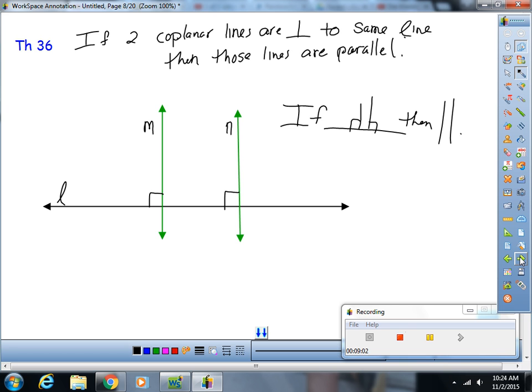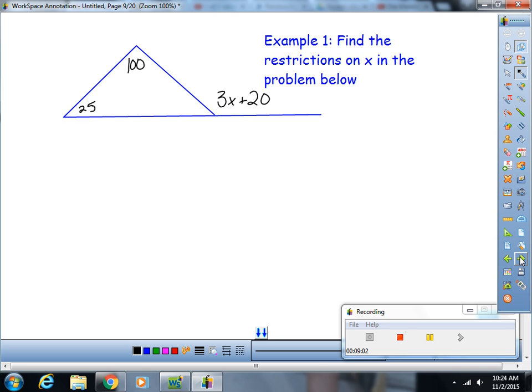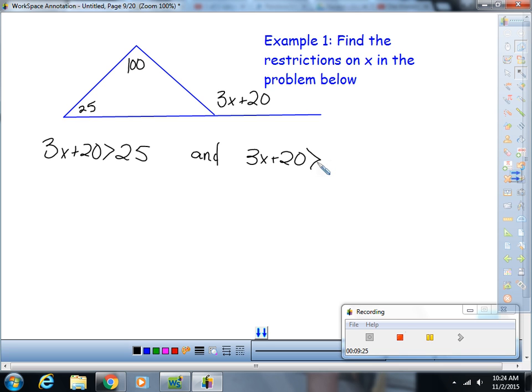So now let's just do one example before you guys turn me off. Find the restrictions on x. We know from Theorem 30, from our triangle exterior angle inequality, that 3x plus 20 must be bigger than 25. But also 3x plus 20 has to be bigger than 100.